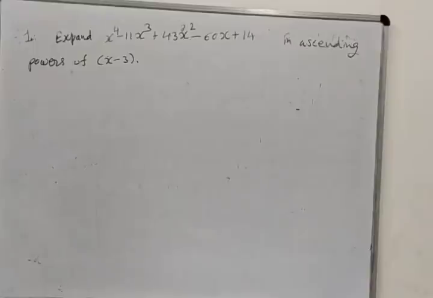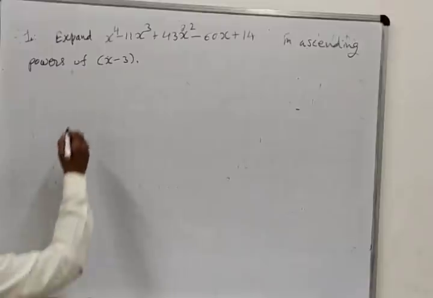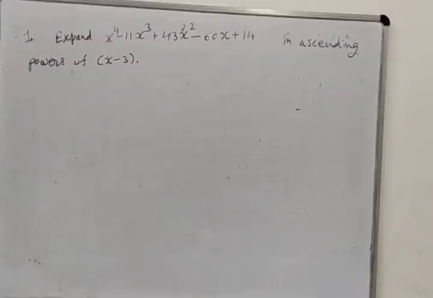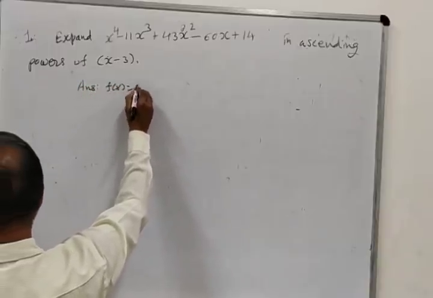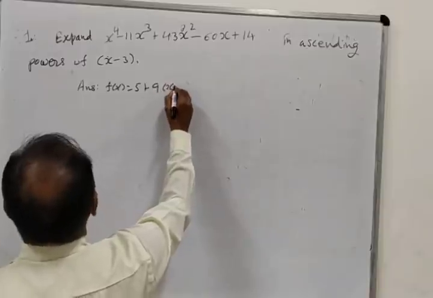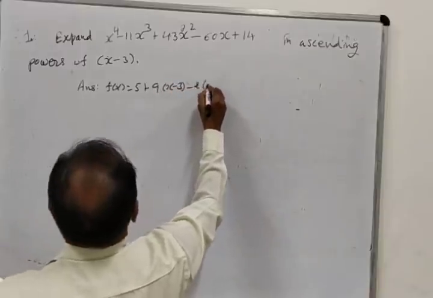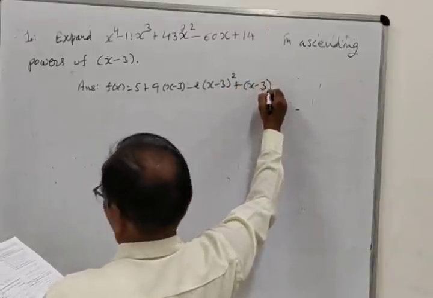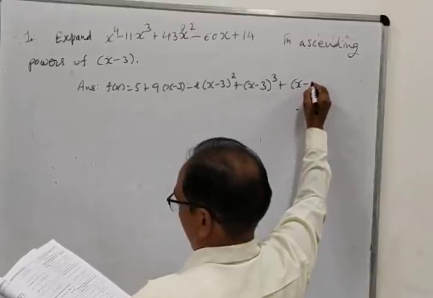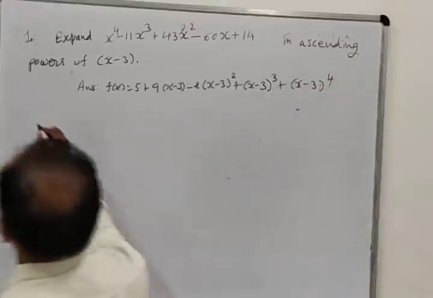After the 5th derivative all the values will be 0, so no dot dot dot will come, and you can put their values in the series. I am also giving you the answer. Answer is f of x equal to 5 plus 9 times x minus 3, minus 2 times x minus 3 whole square, plus x minus 3 whole cube, plus x minus 3 whole raised to 4.